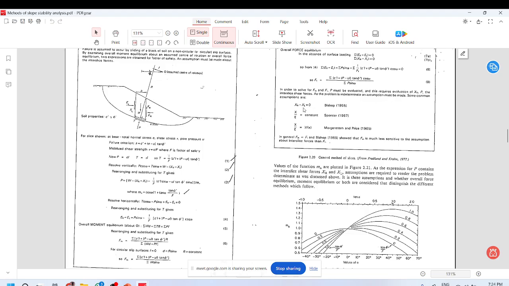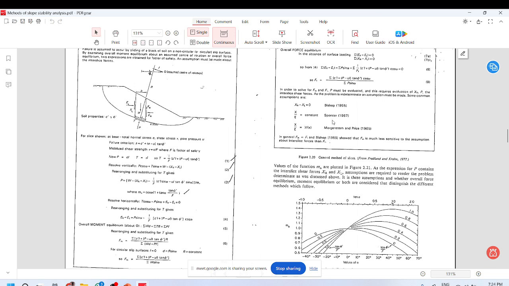If your assumption is that your interslice vertical forces are in equilibrium such that XR is equal to XL, then Bishop proposed this assumption to solve this whole problem.